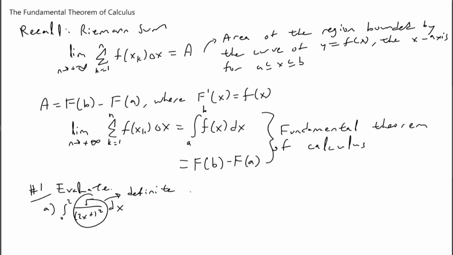This is what we call a definite integral because it has a specified domain. And the domain is, as we've seen, 0 to 2. And we can see that this entire thing as a whole is referred to as the integrand, the function that we are integrating, right?